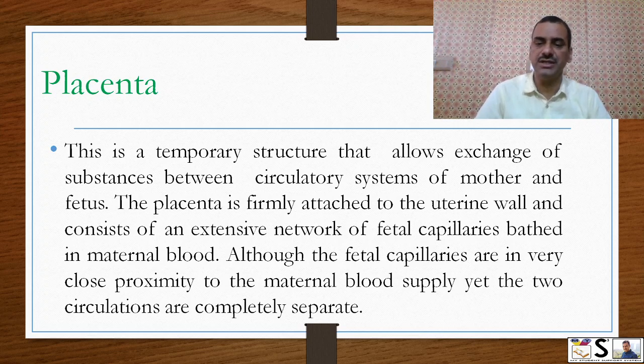Although the fetal capillaries are in very close contact with the maternal blood supply, the two circulations are completely separate. The blood does not mix, but there is a placental barrier of a single cell layer, and exchange of gases as well as nutrients takes place through that membrane.